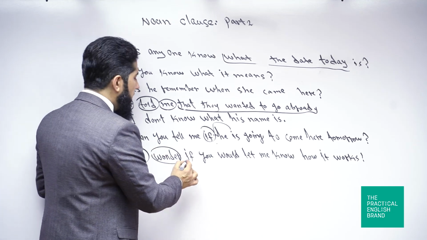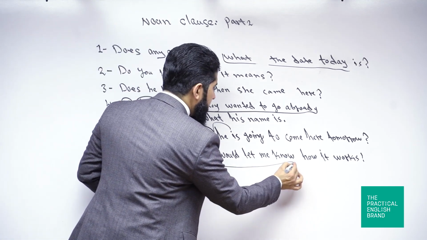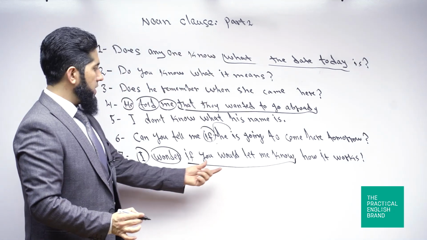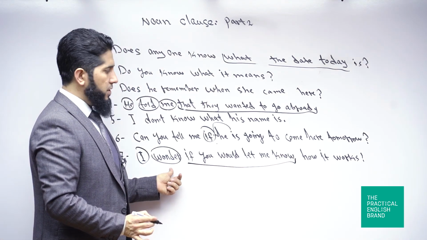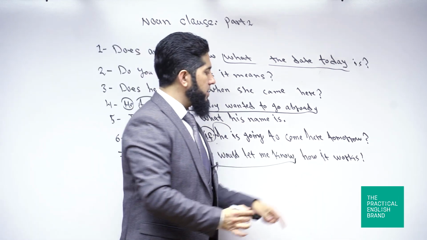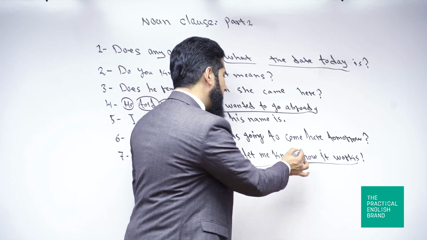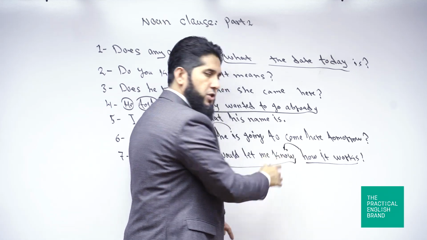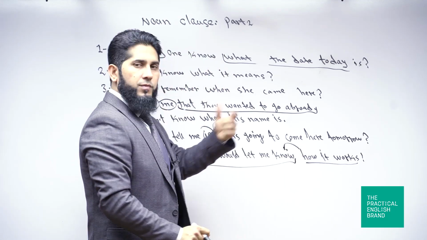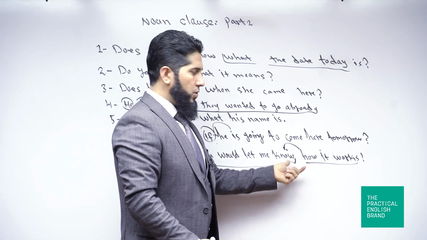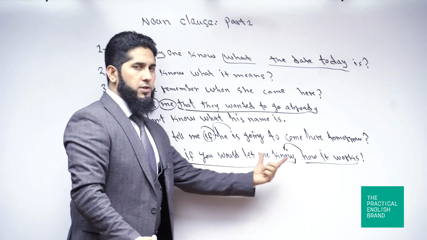If you would let me know, this is one noun clause, which functions as the complement of this main verb. And how it works, there's another noun clause which functions as the complement of the verb which comes inside the noun clause. So we have two noun clauses next to each other.